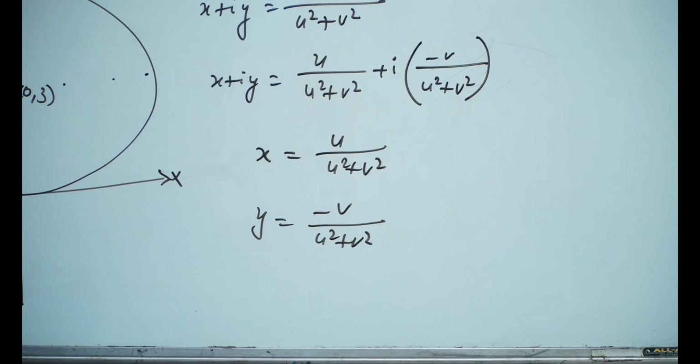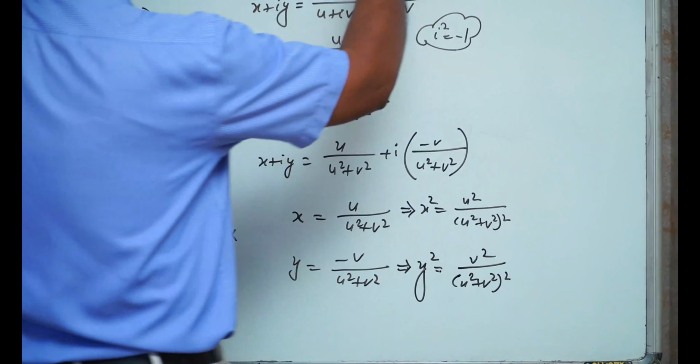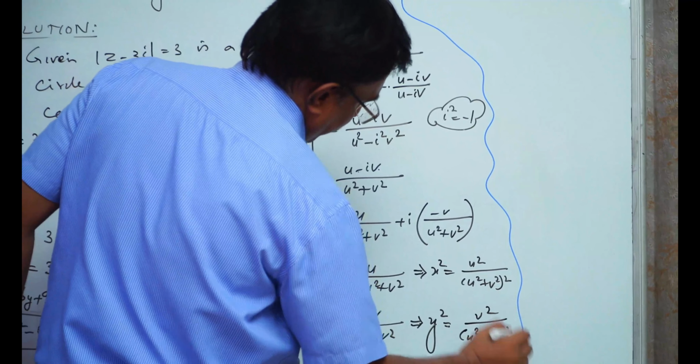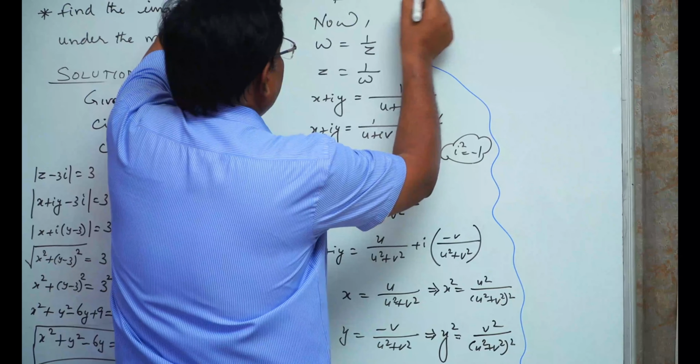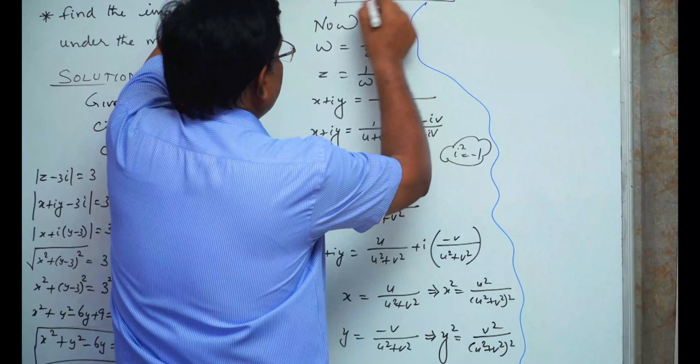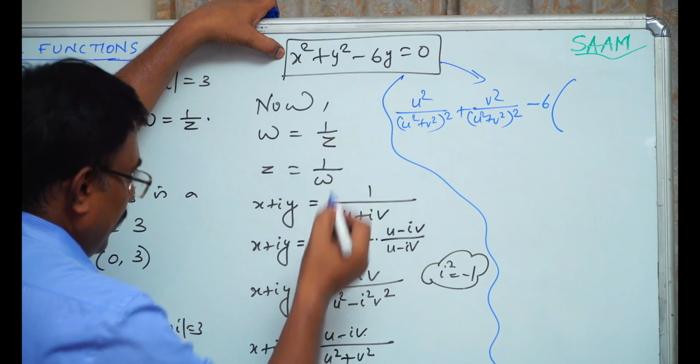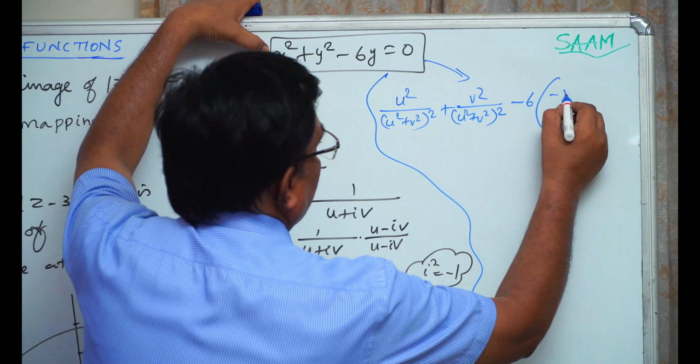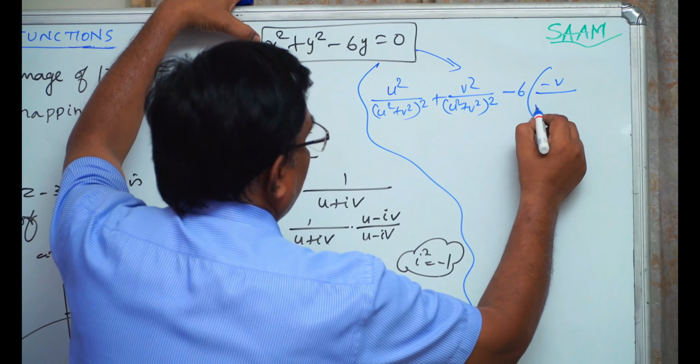Now the final steps. The given circle is x square plus y square, using these two results: u square by u square plus v square whole square plus v square divided by u square plus v square whole square minus 6 of y. Y is minus v divided by u square plus v square, equal to 0.